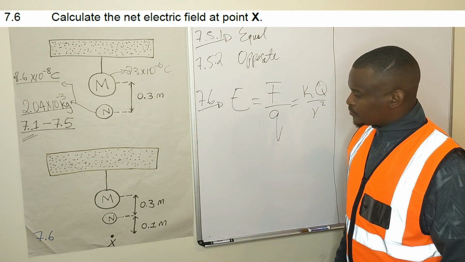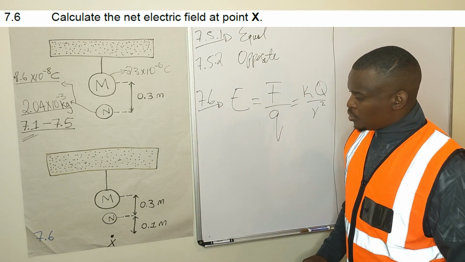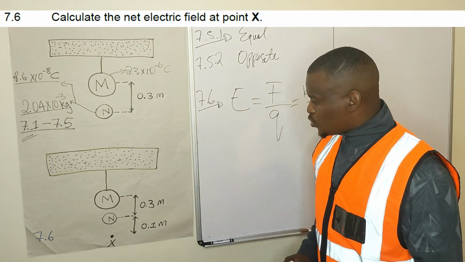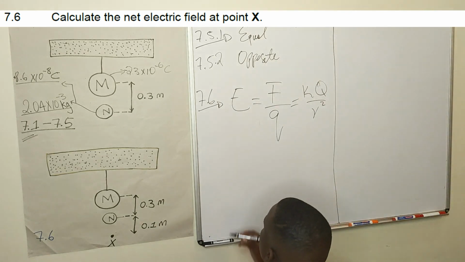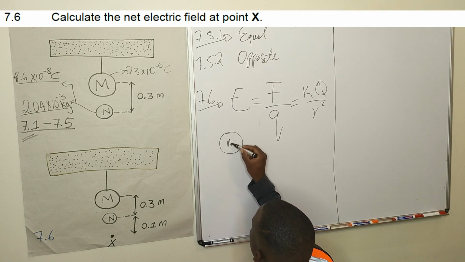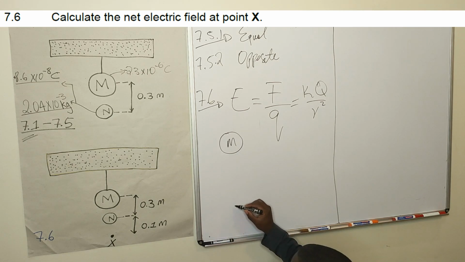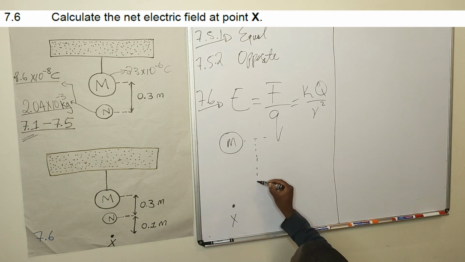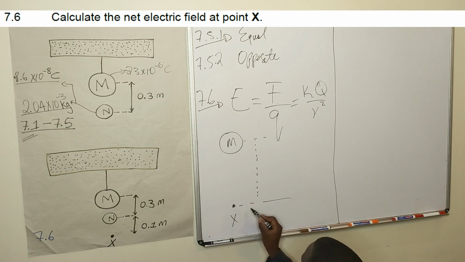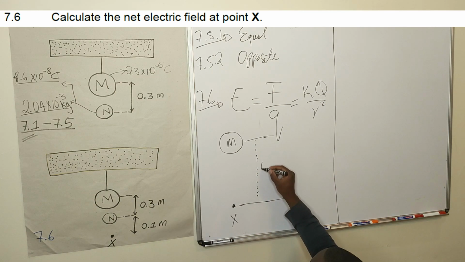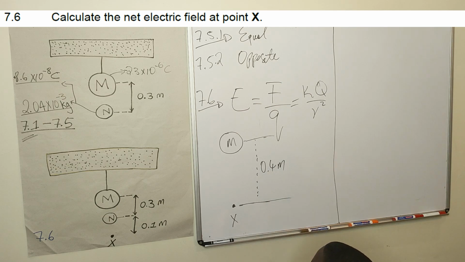First, you want to look at these situations separately. Let's say I have my M here, and my X here. The distance between the centers of these two is this whole distance here, which is 0.4 meters.